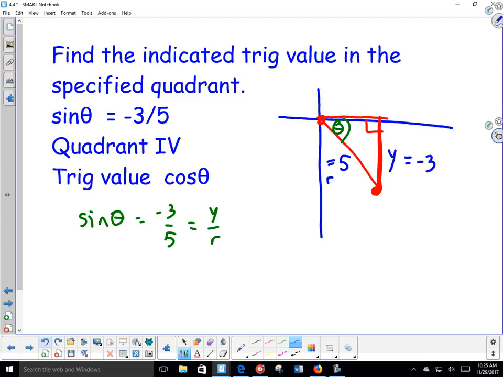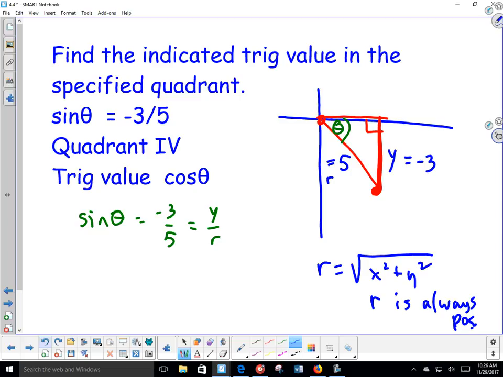So, how do we know that 5 is not negative? That's an excellent question. The question was, how do we know that the r was not negative? Because the r is always the square root of x squared plus y squared, and when we take the square root of something squared and something squared, it's always going to be positive. So whenever there's a negative, it's always going to be the y or the x.